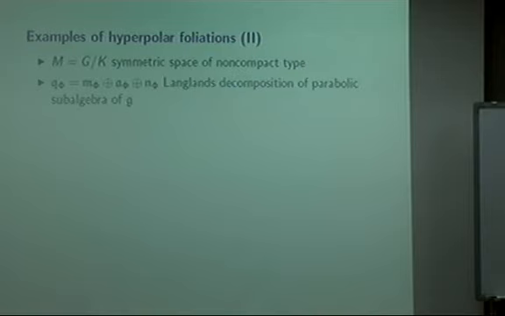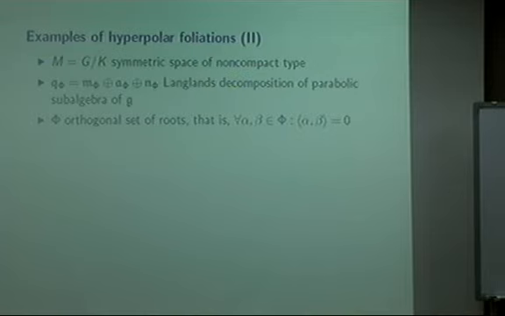And look at the Langlands decomposition of a parabolic subalgebra of G. This is corresponding to an arbitrary set phi. Just pick any of these parabolic subalgebras. Now assume that phi is an orthogonal set of roots. So for any two roots in phi, the inner product between them is 0.